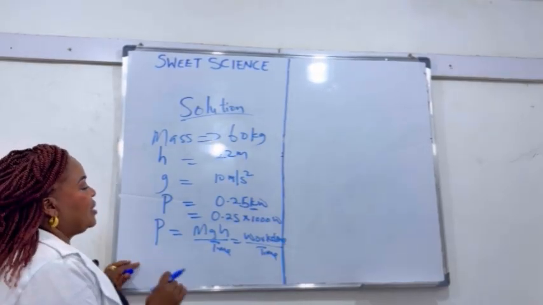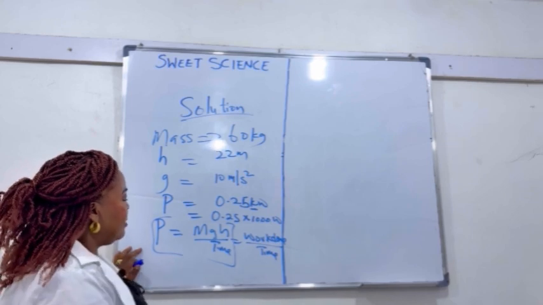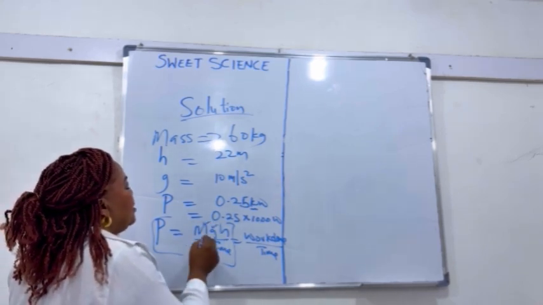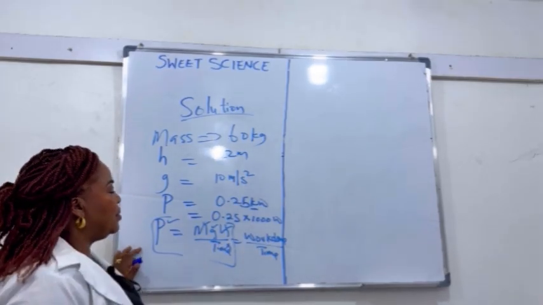It is mgh over time. And looking at this, we all have our parameters there. The mass is known, g is known, h is known, time is not known, but P is known.